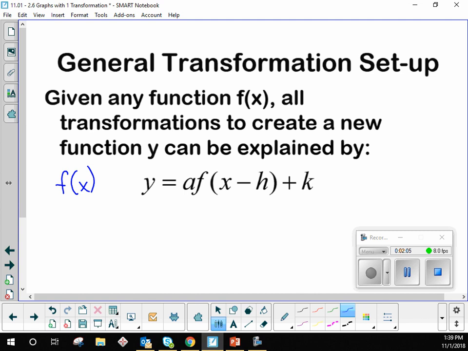That's one kind of transformation. You could add or subtract something on the outside of the function, and you could multiply by a constant in front of the function, okay? So something can happen in front of the function, something can happen right next to the x, and something can happen on the outside. And we're going to talk about how that changes the parent function from its original position.